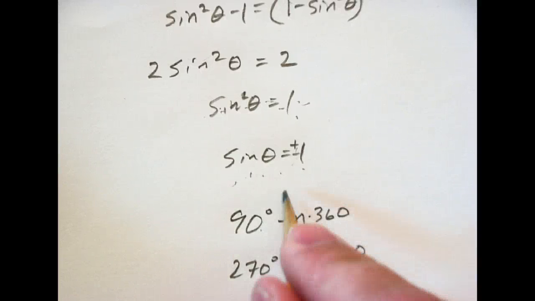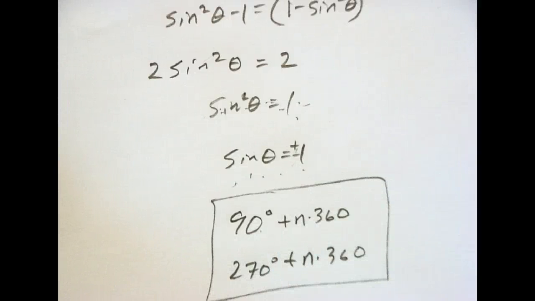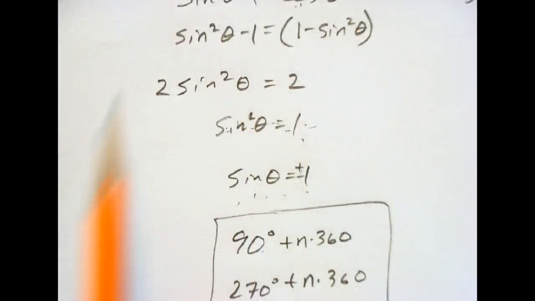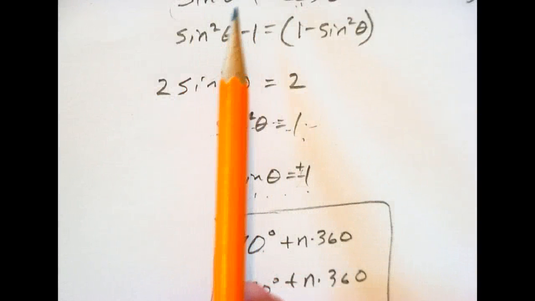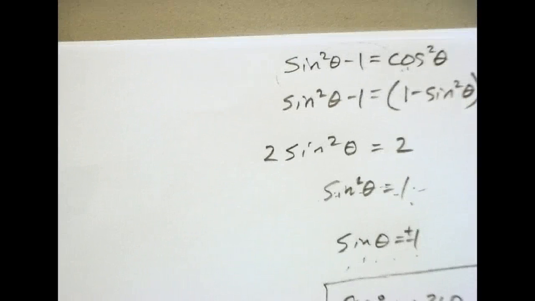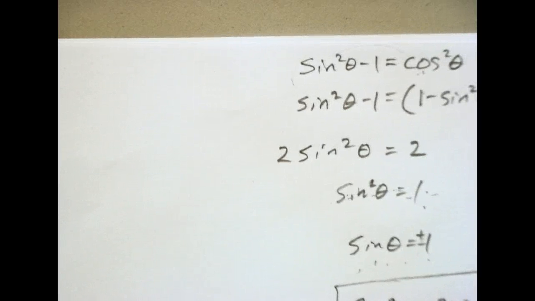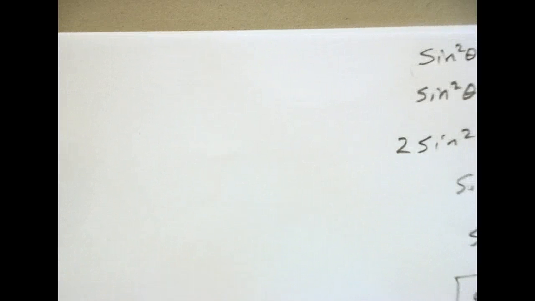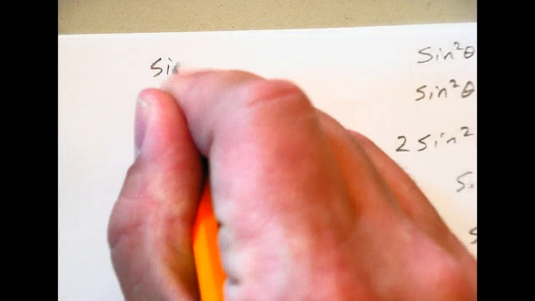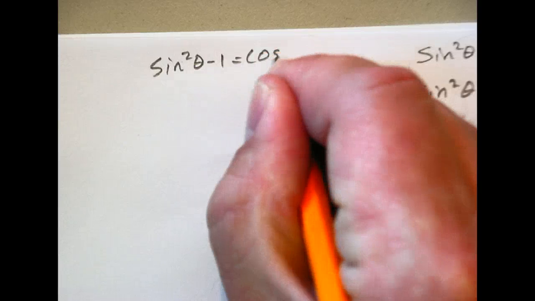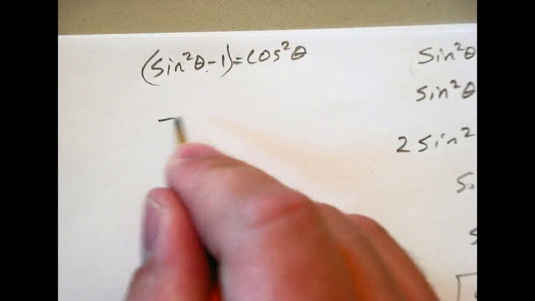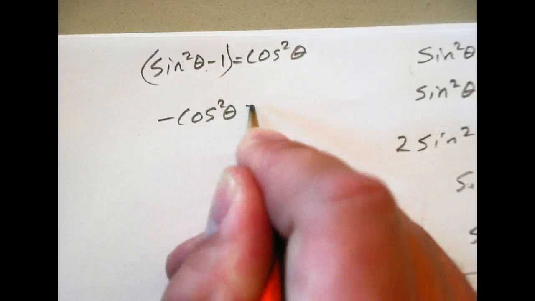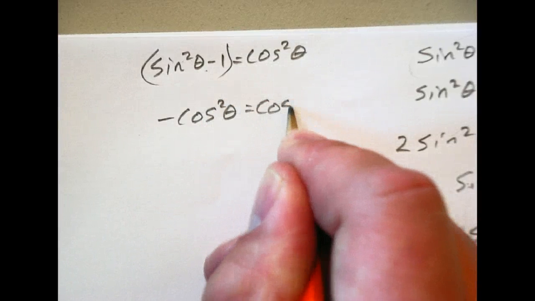And so Lisa's question, valid question, she said, why didn't we replace sine squared theta minus 1 with negative cos squared theta to begin with? You could have, in fact, if you look at my work up there, that's what I did. You could have gone either way. You could have started with saying, hey, this piece is negative cos squared theta equals cos squared theta.